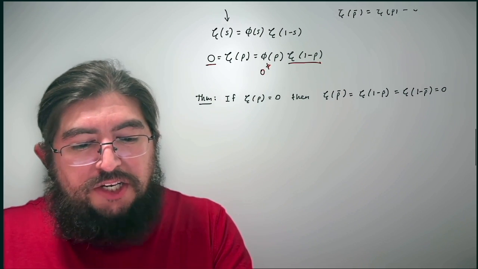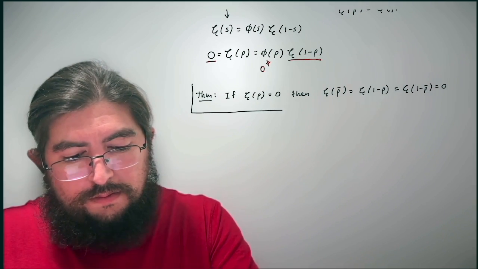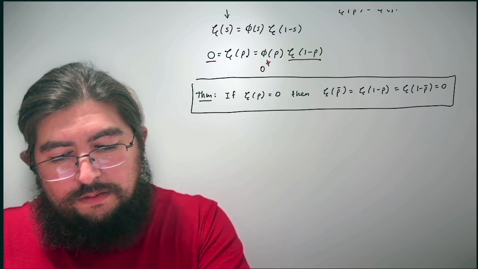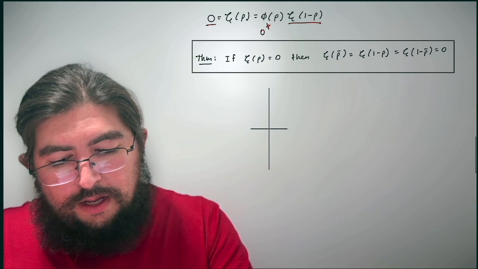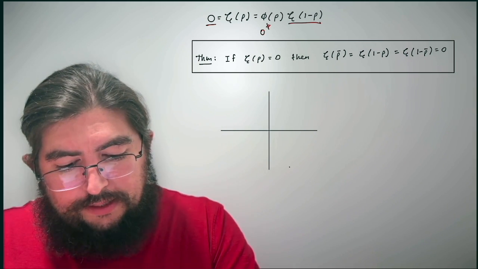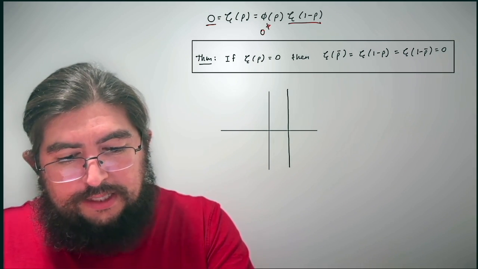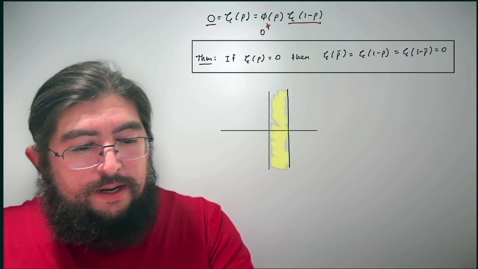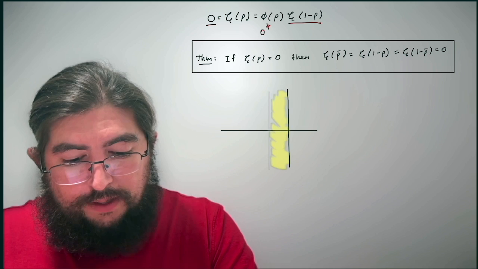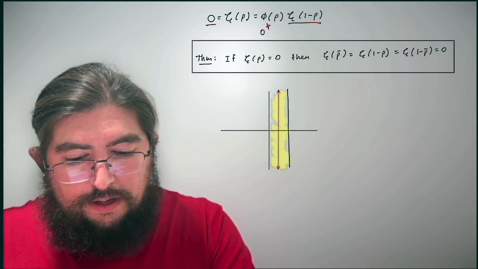Now a nice visualization of this theorem is the following. If we have the complex plane, and this, let's say, is the critical strip, where the critical line is where the real part of s is equal to 1/2.